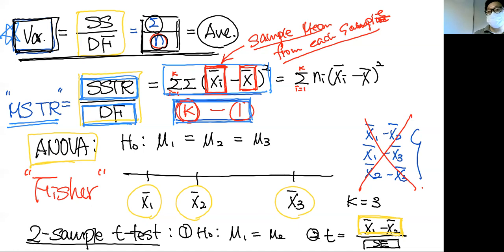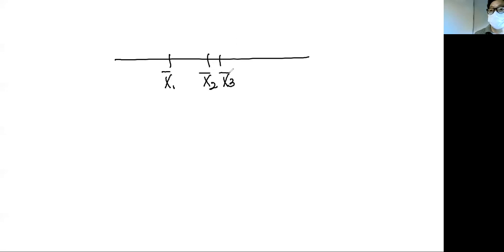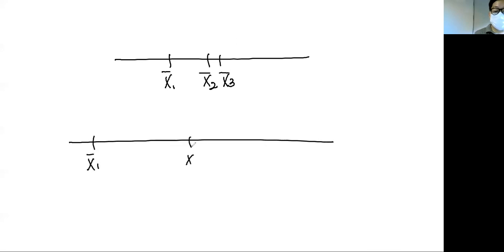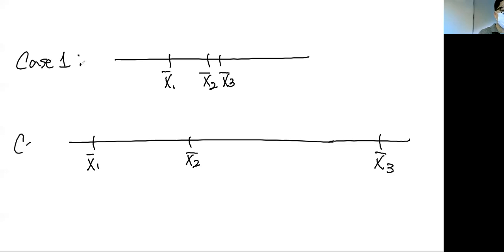Think about the variance, right? So now let me give you another example. x1 bar, x2 bar, and x3 bar, like this one, or x1 bar, x2 bar, and x3 bar like this. It is case 1. It's case 2.